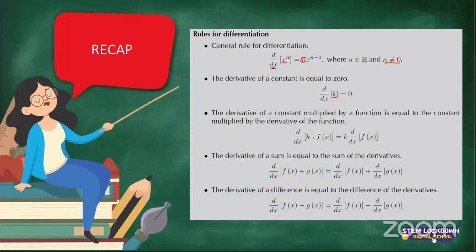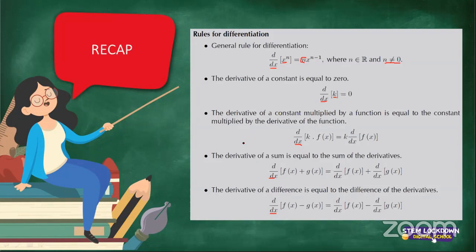Please note that down. So going back to the second rule, if you differentiate a constant, you will get 0.